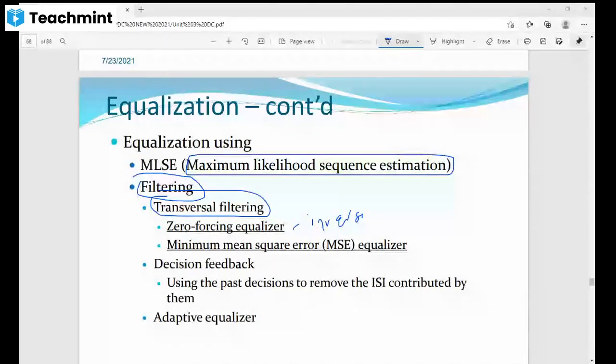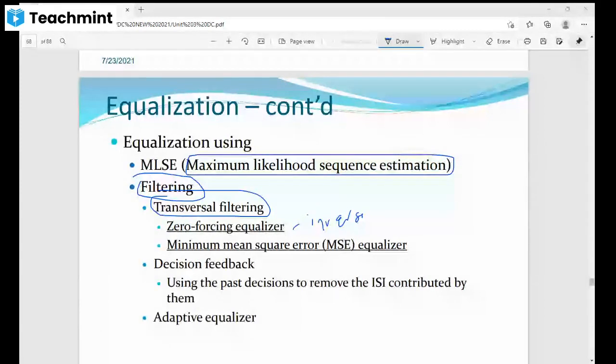Then the minimum mean square error equalizer, that is the MMSE equalizer. The MMSE equalizer filters to minimize the error, where the error is the filter output minus the transmitted signal. That is MMSE.